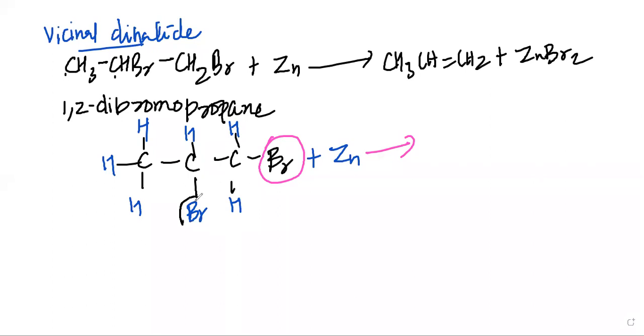This bromine and this bromine are being removed as Br minus, or in a stepwise manner, and then we get the double bond.